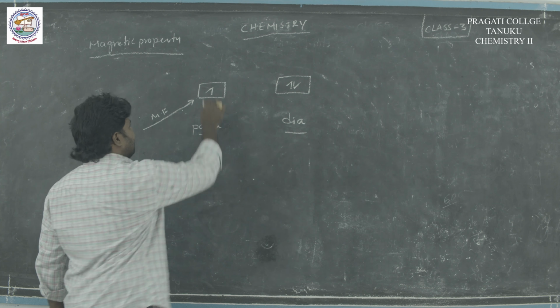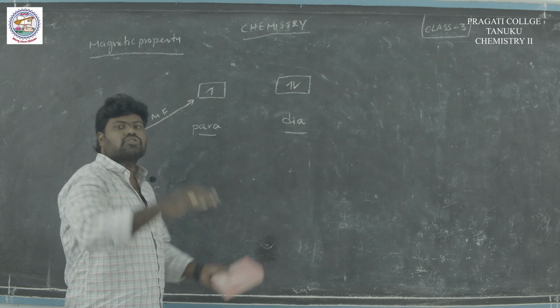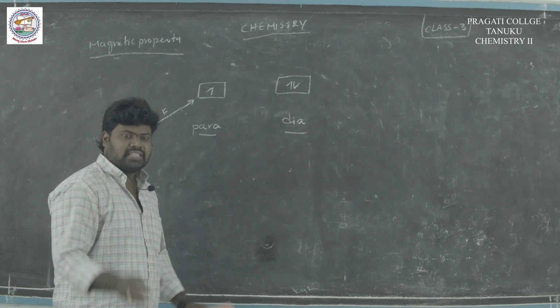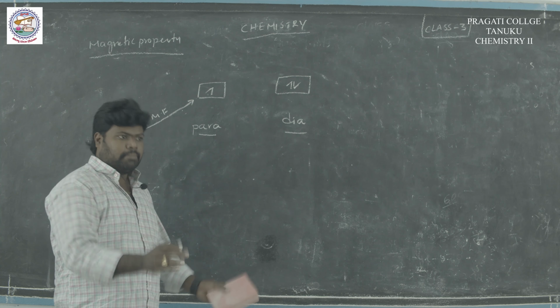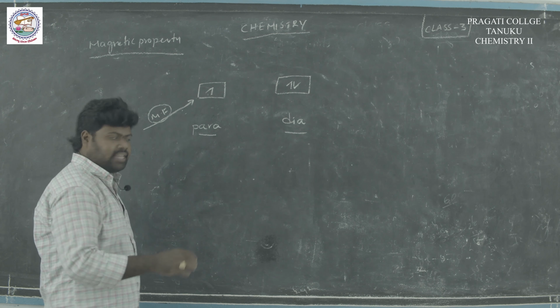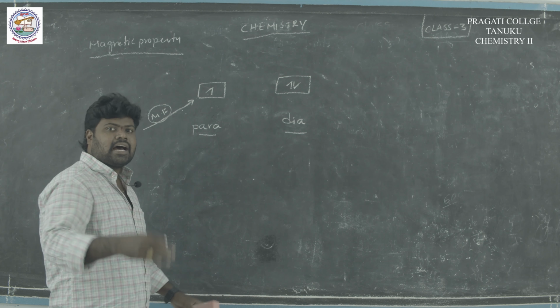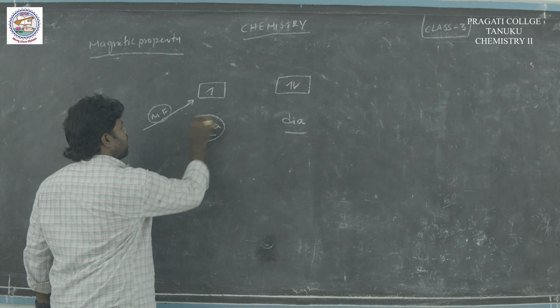The electrons go from a weak magnetic field to a strong magnetic field, that means some amount of magnetic field energy is absorbed by the substance. That type of substance exhibits paramagnetism.